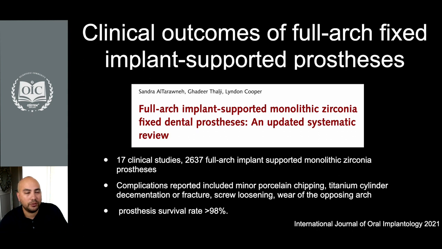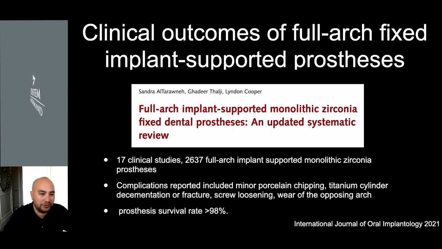Looking at the literature, what is the clinical outcome of full arch fixed implant-supported prostheses? 17 clinical studies were reviewed in this systematic review, and the typical complications reported included minor chipping, titanium cylinder cementation failure or fracture, screw loosening, and wear of the opposing arch.